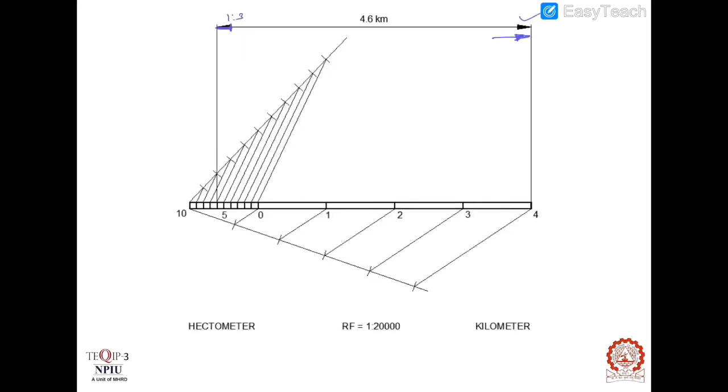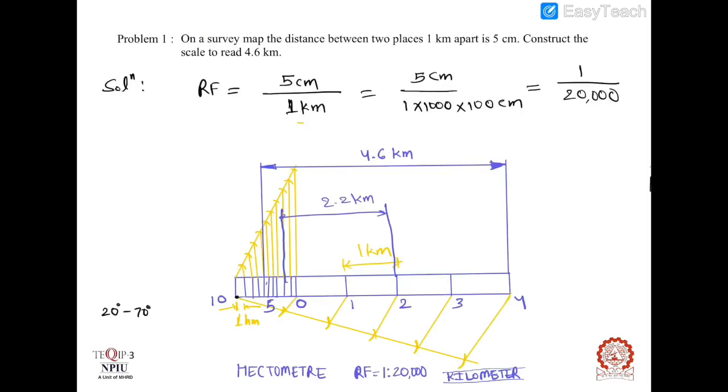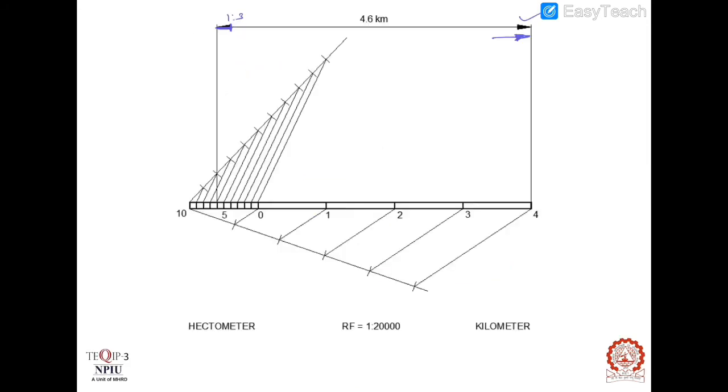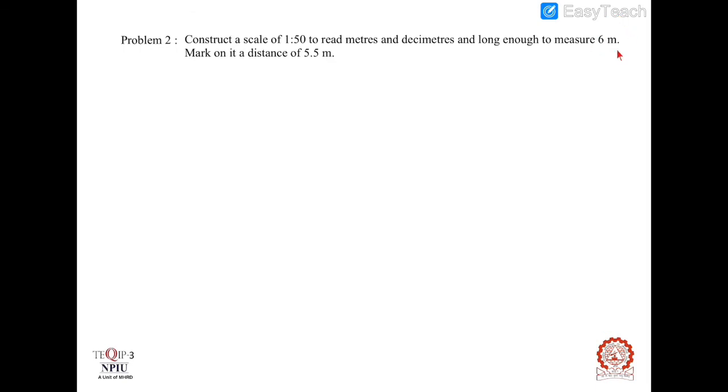In the previous lecture problem, we decided the total length of scale we need to make of 5 kilometer, but here directly it is given: construct a scale of 6 meter length and mark on it 5.5 meter, and also the representative fraction is given here.